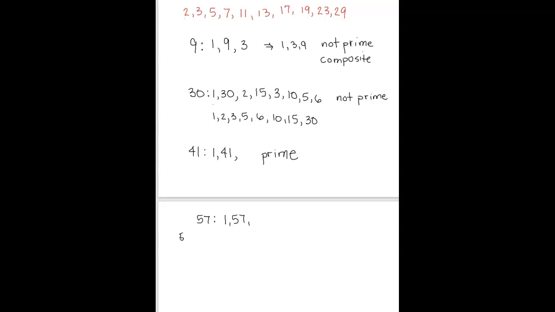So if I have a 5 plus 7, that's going to get me a 12. 12 is divisible by 3, so I know 3 times 19 is going to create this number. So I have more than just 1 and 57, so this is composite. All right? It's not prime.